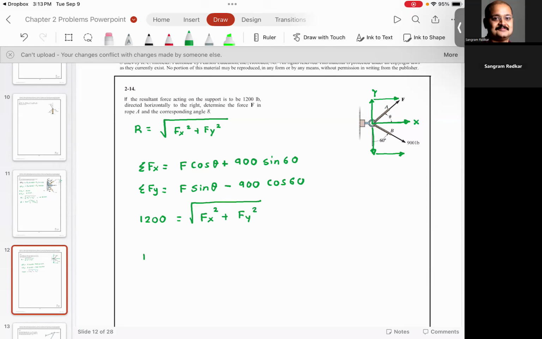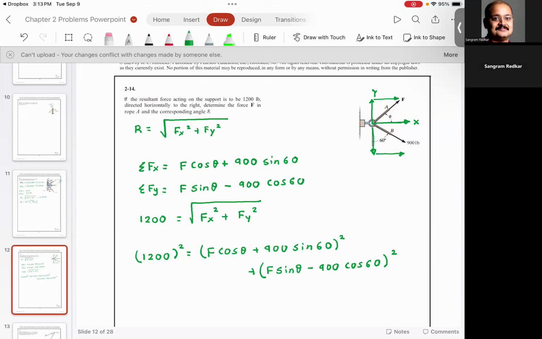So to solve this problem, you have to square: 1200 squared is equal to (F cosine theta plus 900 sine 60) squared plus (F sine theta minus 900 cosine 60) squared.